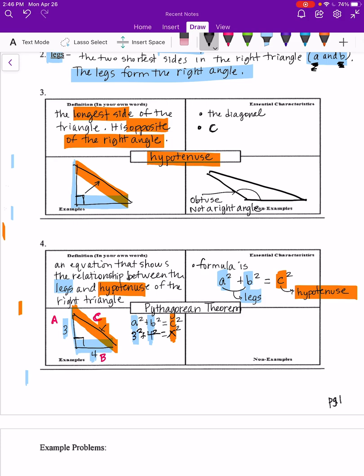Now we can go ahead and solve that problem. So 3 squared is 9 plus 4 squared is 16. You should know that from our unit 2, how to square things, equals x squared. So 9 plus 16 is 25 equals x squared. Now, if you remember from unit 2, we also talked about how to undo a square.